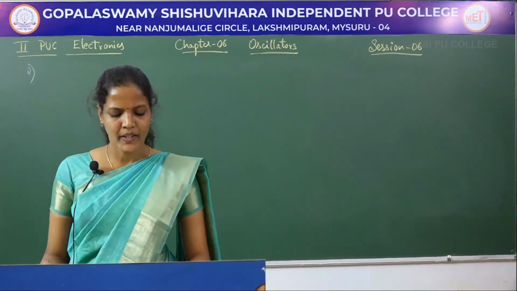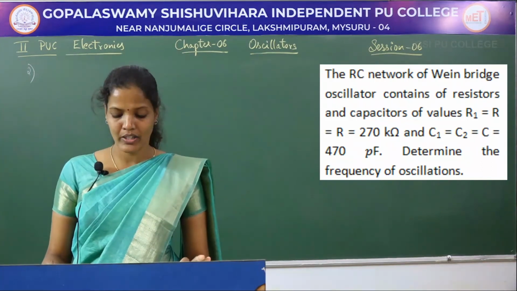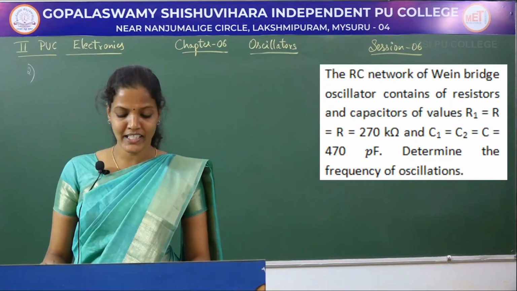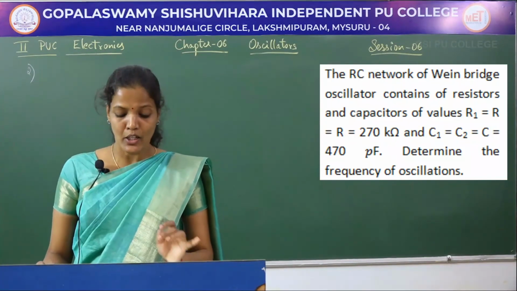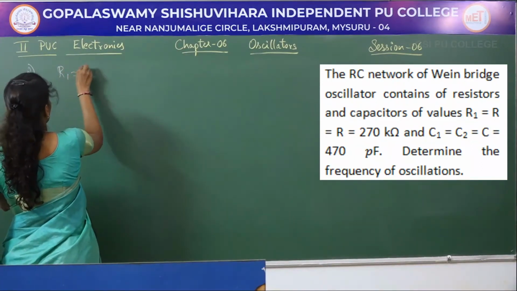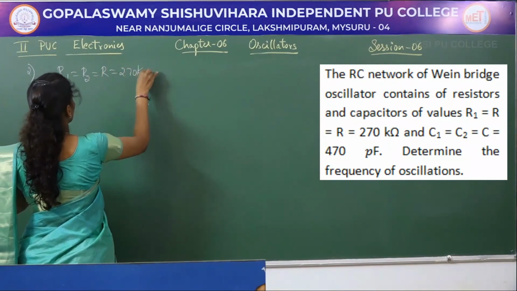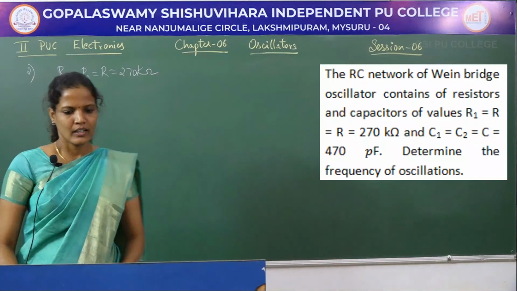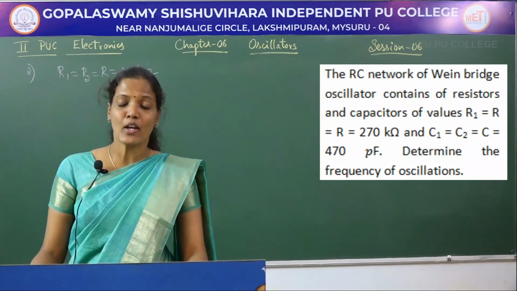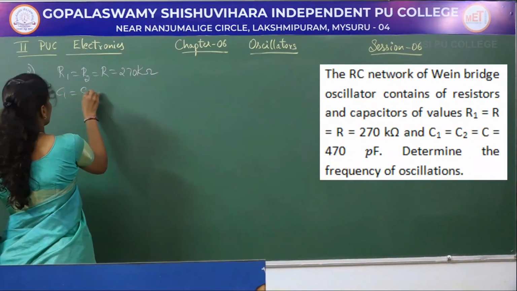So the problem is, the RC network of Wien bridge oscillator consists of resistors and capacitors of values R1 equals R2 equals R equals 270 kilo ohms, and C1 equals C2 equals C equals 470 picofarad.